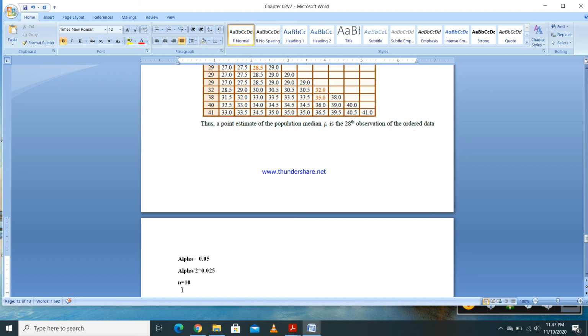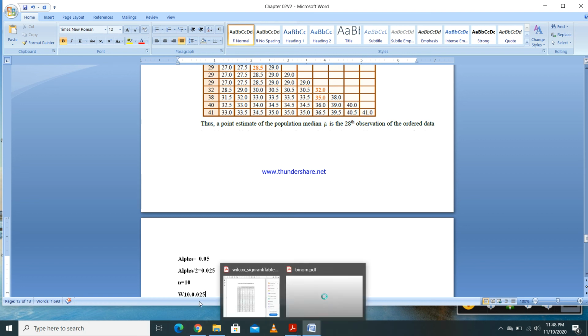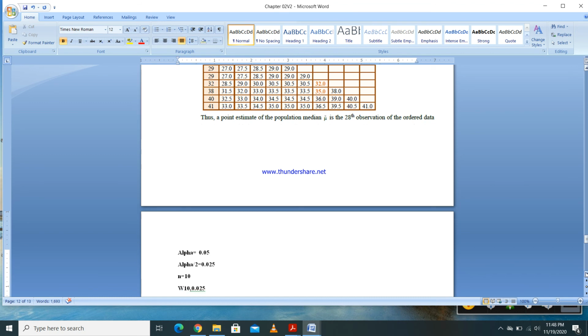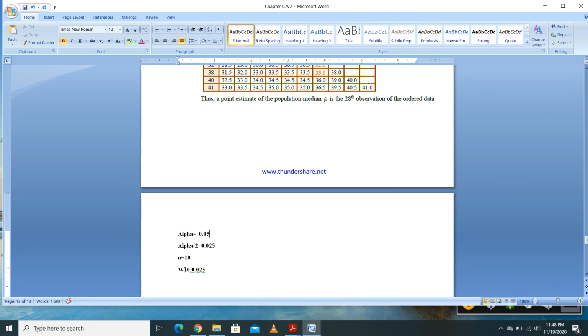So now, using the Wilcoxon table, we are going to find the W10, 0.025 value. I have already explained how to use the Wilcoxon table. So using the Wilcoxon table, we have to check this value, W10, 0.025.